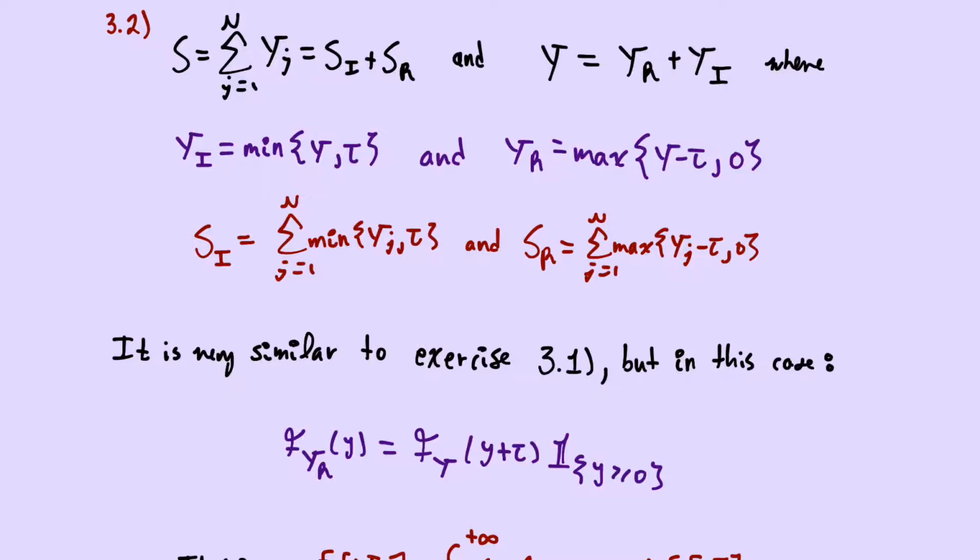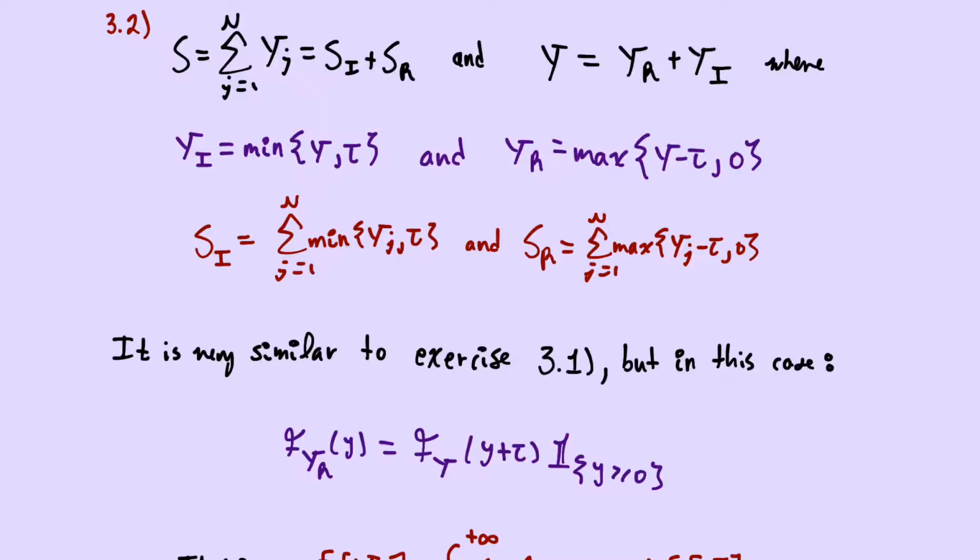So for each claim that you have over the period, you will have to check the value of this random variable, the part that the reinsurance company has to pay, and how much was the part that the insurance company has to pay, and you will have to do it for each of the claims.